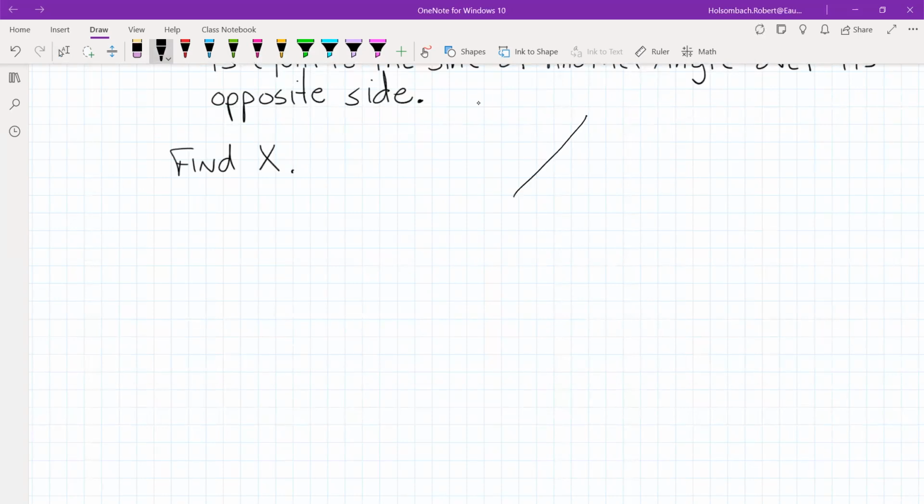And we've got a triangle, ABC. And side AB is the x. Angle A is 97. Angle C is 21 degrees. And side BC is 16.